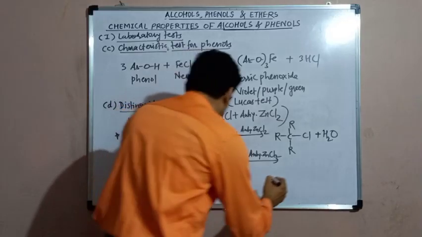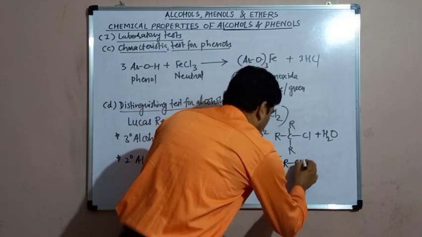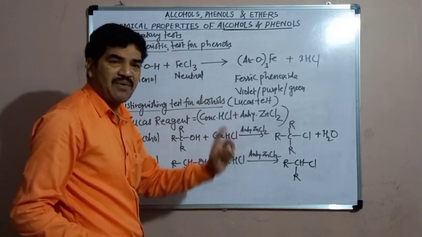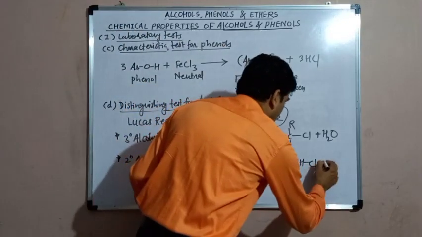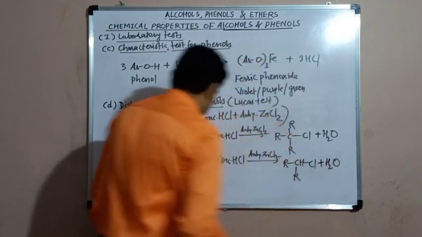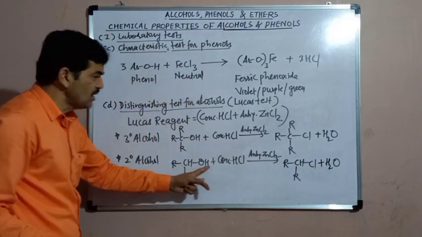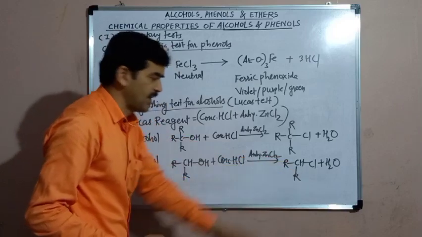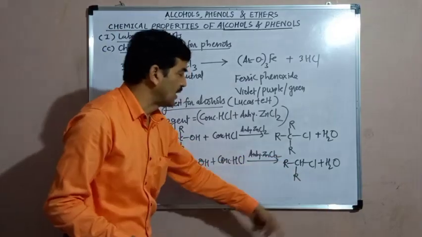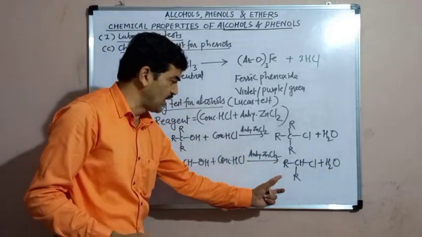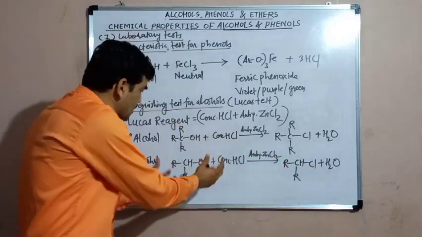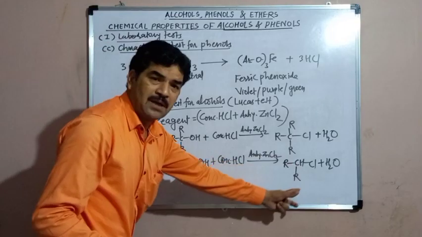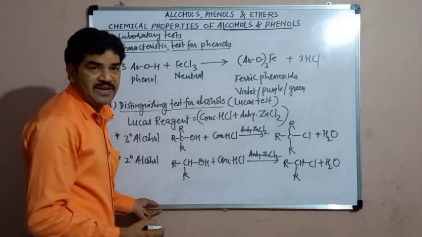For the formation of the alkyl chloride, a few minutes are required. There is a replacement of OH by Cl and there is a formation of alkyl chloride. Alkyl chloride is a water insoluble compound and therefore it gives the turbidity. A clear solution is converted into a turbid solution, but for the development of turbidity, a few minutes are required here.